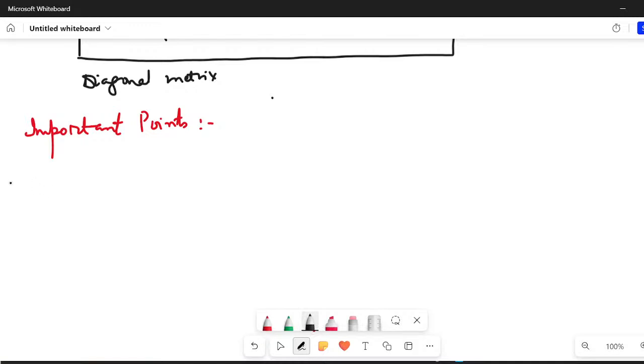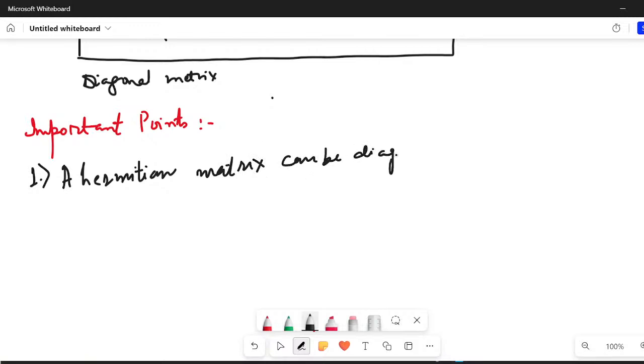So always remember, a Hermitian matrix can be diagonalized using a unitary matrix, or using a unitary transformation.